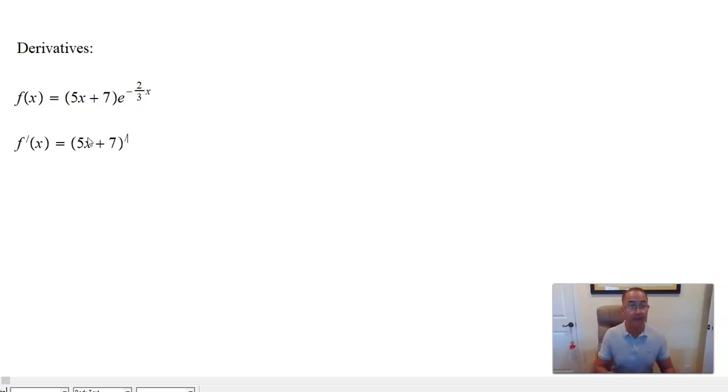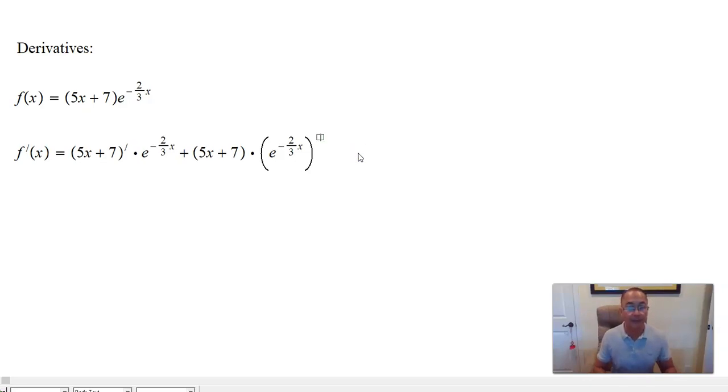Okay, so we need the derivative of this times v, which is this, plus u times v prime. Okay, so we'll need this and its derivative. Right. Okay, product rule.